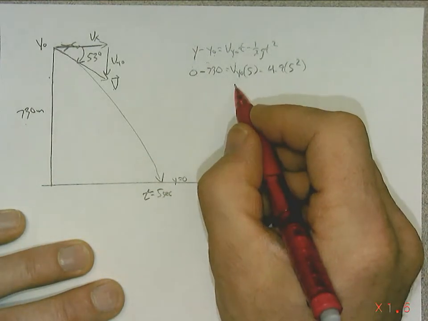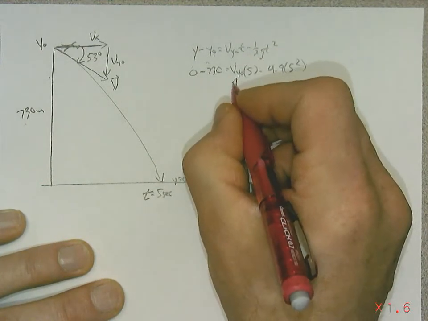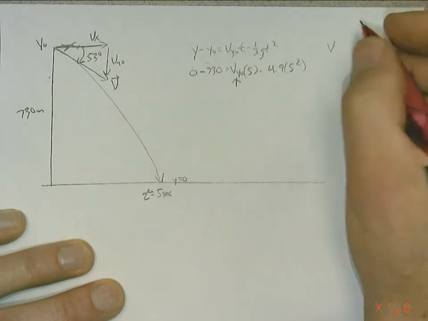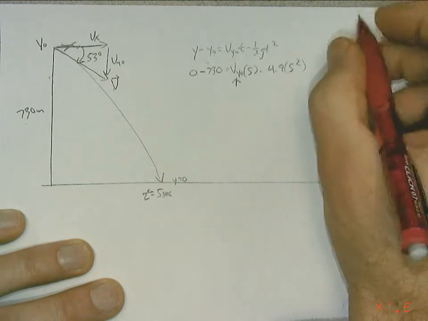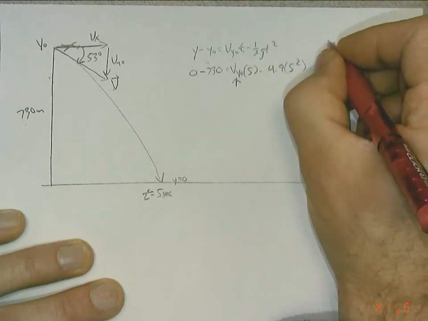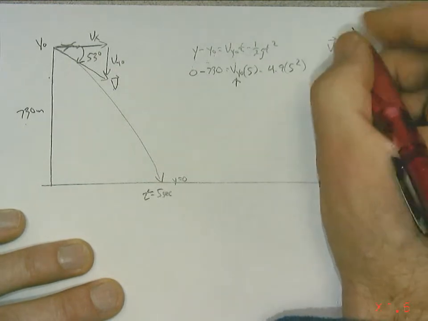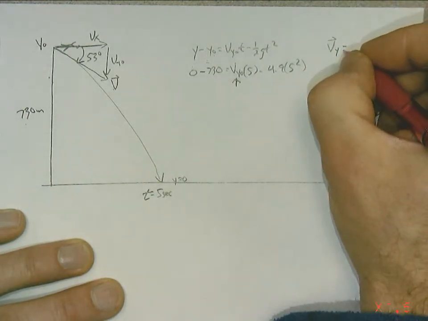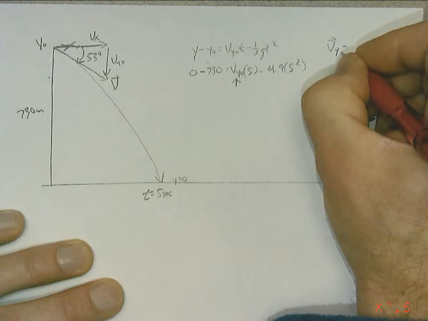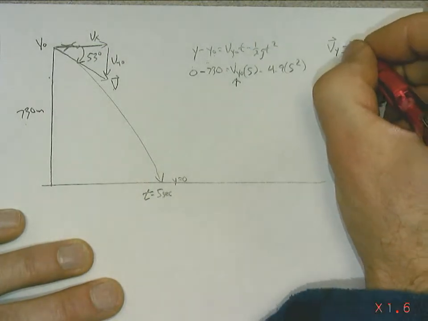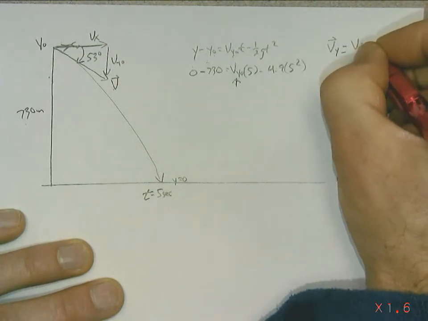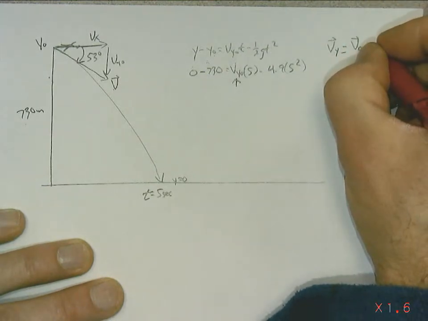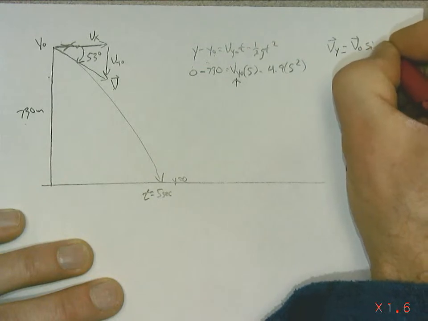Once we have Vy0, see, this is important. Why? Because V, the speed of the bomber, the magnitude at least, well, the vector in the y direction, Vy, is equal to V0 sine of theta.